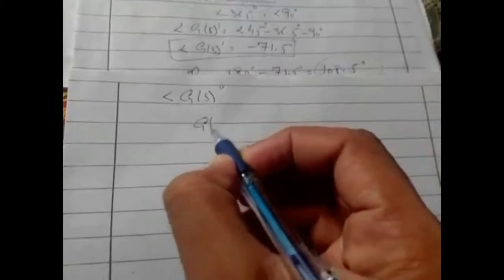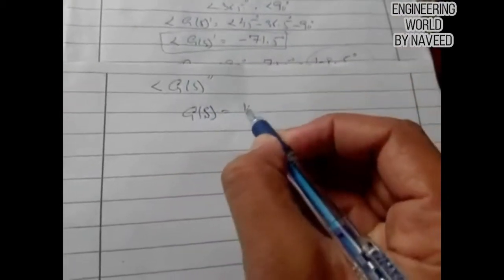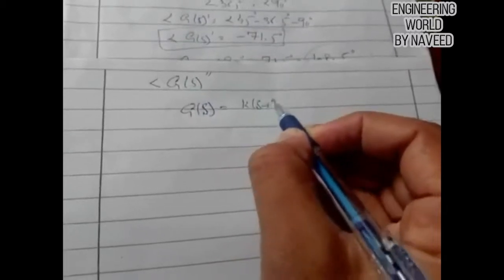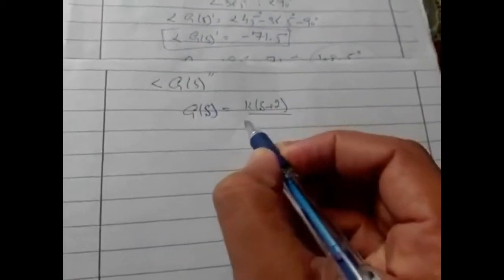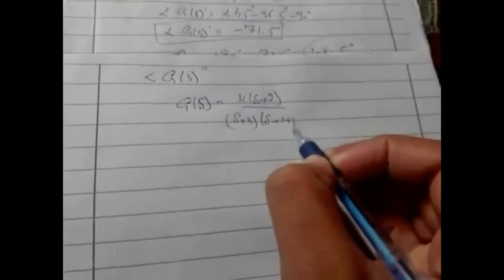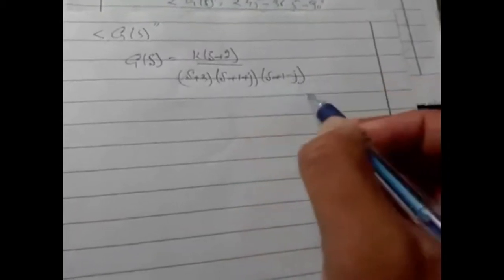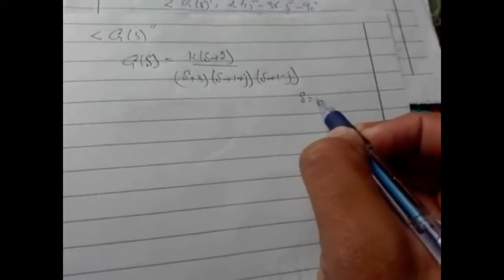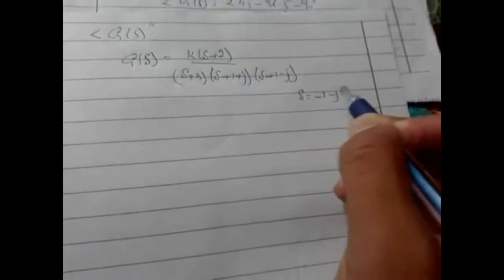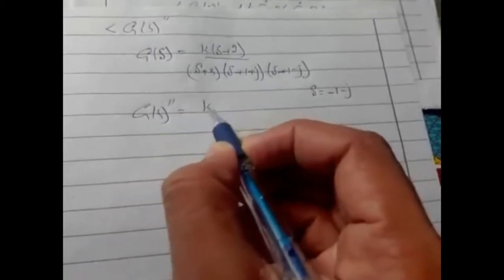We have GS, which is K into S plus 2 divided by S plus 3 into S plus 1 plus J into S plus 1 minus J. So now here you put the value of minus 1 minus J in the GS double dash equation.